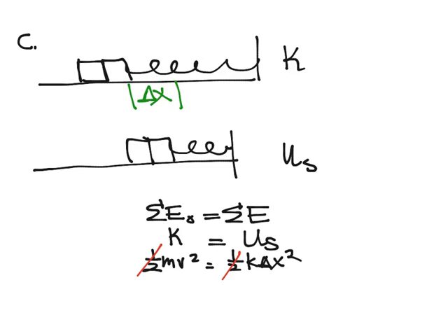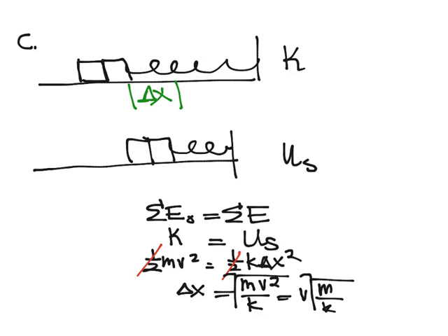My 1/2s cancel out, and if I do a bunch of algebra, and I'm going to trust that you can do this, but prove it to yourself, delta x is equal to the square root of mv squared over k, which is v, because I can take a v out of the square root, times the square root of m over k. Okay, I can now just plug in my numbers.